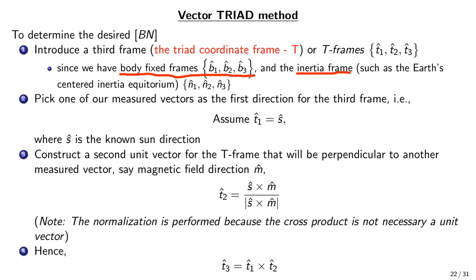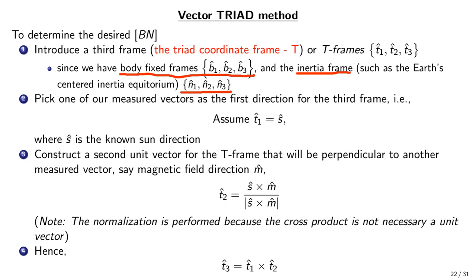Now we want to introduce the third frame, or we call it the T frame. That is the first thing we'll be doing. Your fixed body, those are the measurements you get from your sensors. Your inertial, those are the measurements which you know. Now you need to introduce a completely new frame, which I've represented as T1, T2, T3.